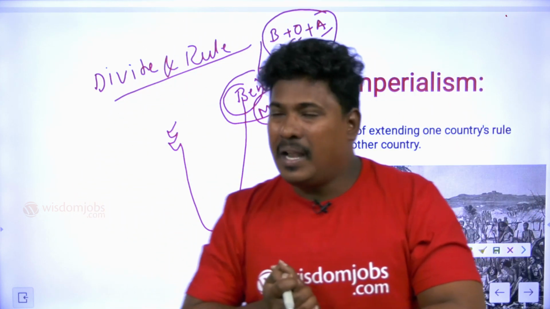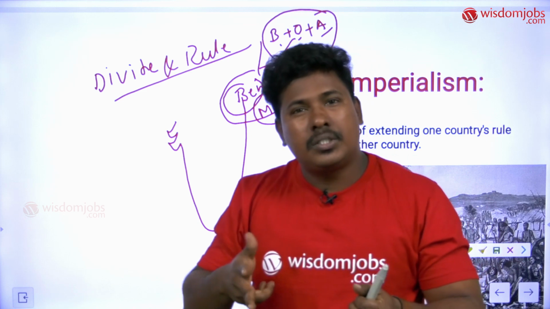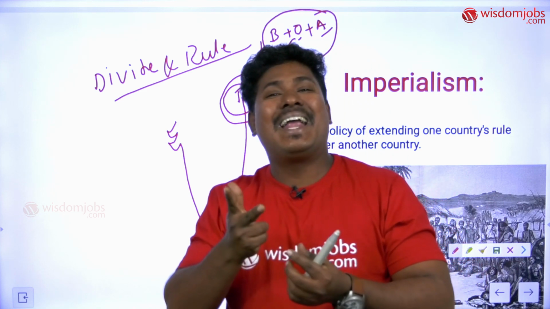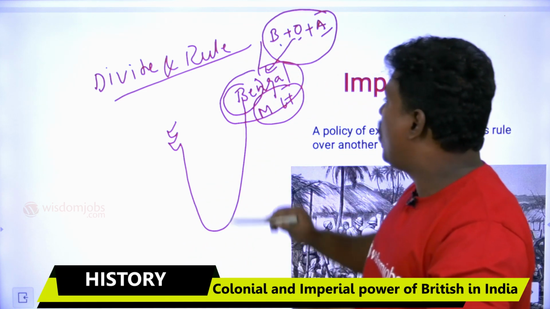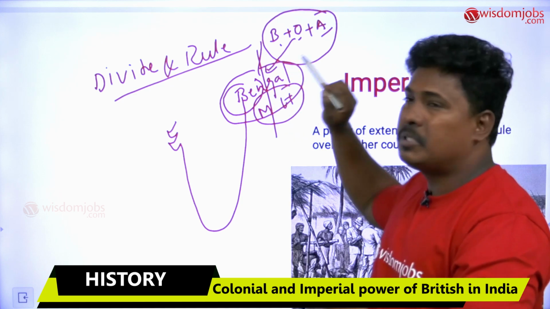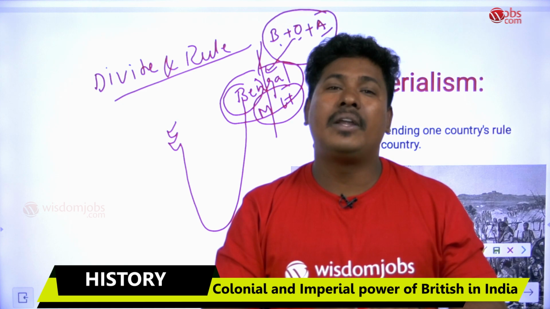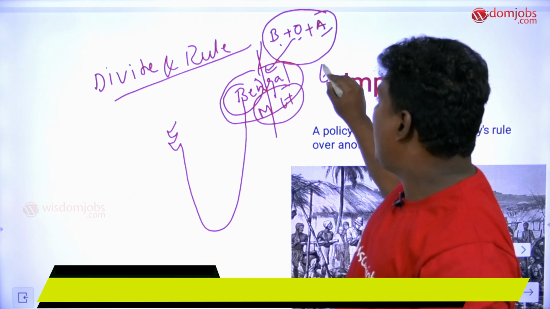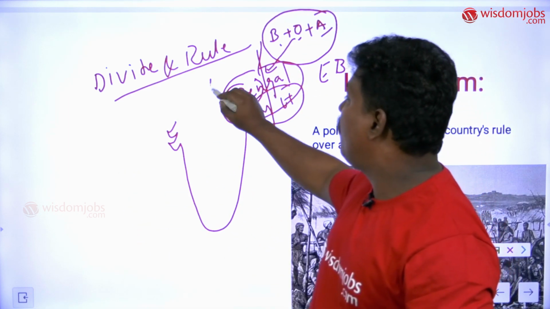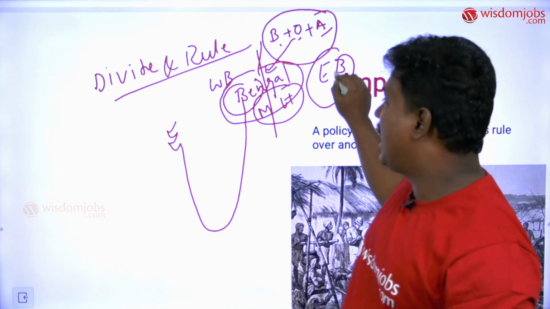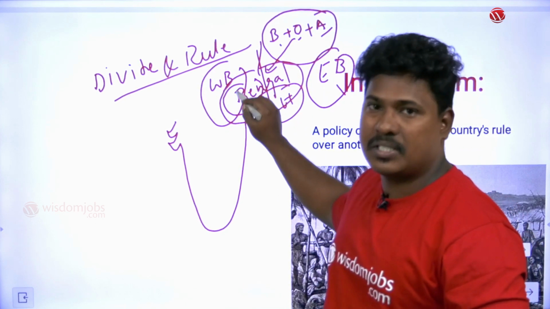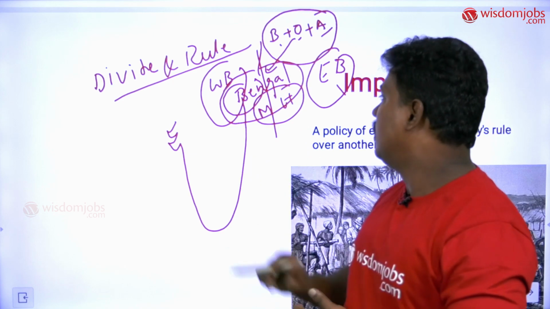Now what happened? British started making a plan to avoid the Hindu-Muslim brotherhood and to divide Bengal into two parts, East Bengal and West Bengal. East Bengal has Dhaka as capital, West Bengal has Calcutta as capital, right?